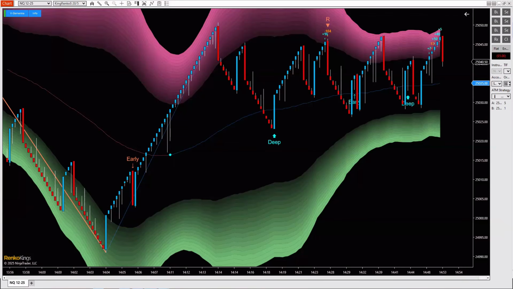Would I use it on a 15-second chart? I did not use it on a 15-second chart. It could probably work. It's just that Renko King products, for the most part, are designed specifically for the King Renko bar.